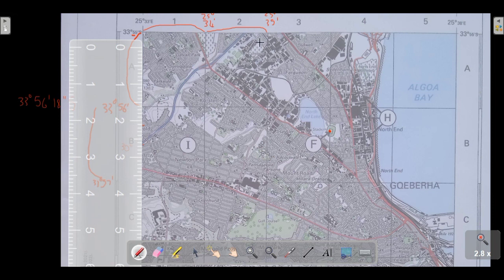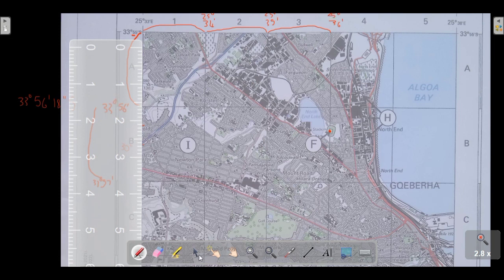Okay, this is the whole 35, and so this is the whole 33, this is the whole 34, this is the whole 35. Okay, it's the whole 35 until you reach, there we go, 36. So this is 36 minutes. So it's still 25 degrees 36 minutes.